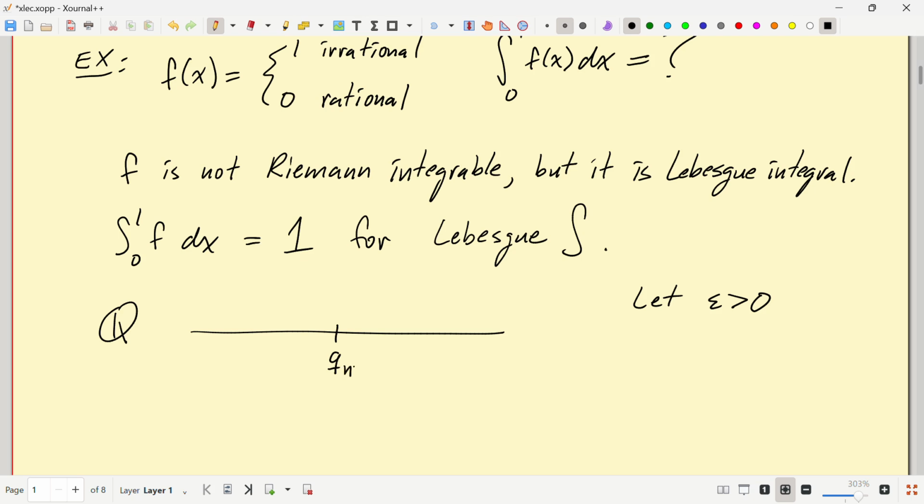Then I take a little interval about q sub n, and I want the length of this interval to be epsilon over 2 to the n.